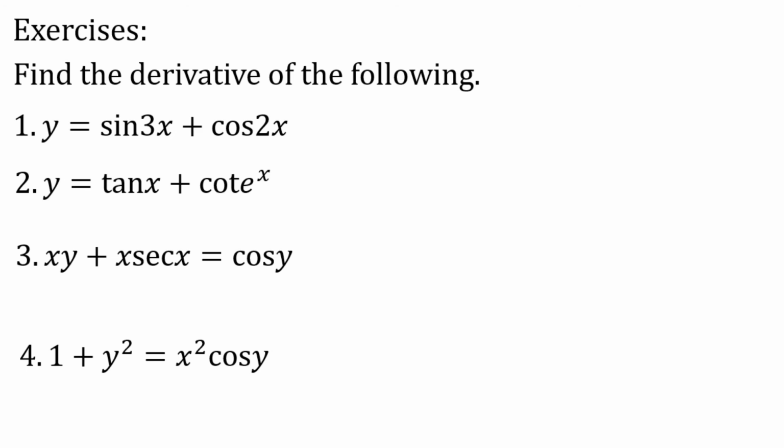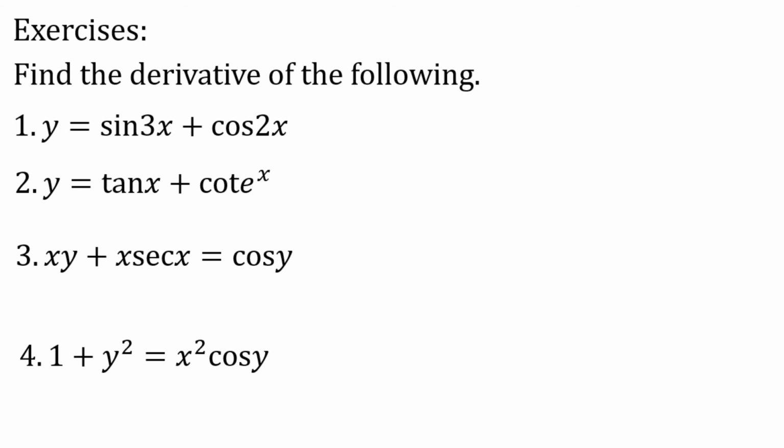For items number 1 and 2, on the first term of number 1, you're going to apply the rule for the derivative of sine u. For the second term, you're going to apply the rule for the derivative of cosine u.